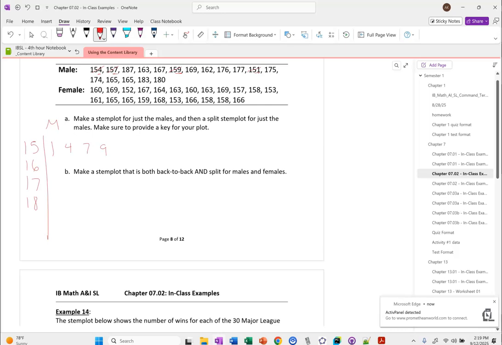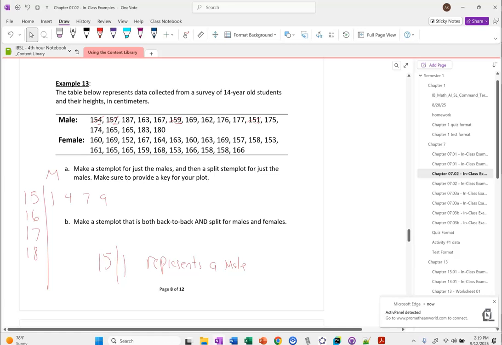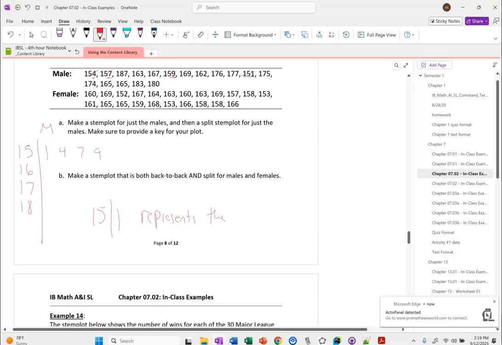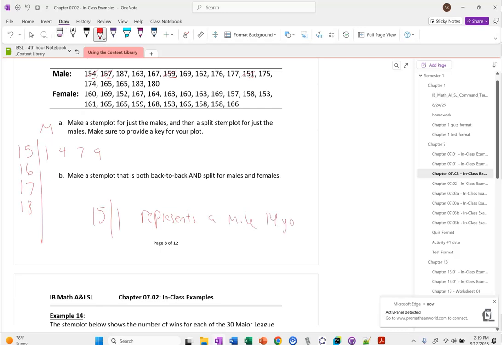Is everybody okay? What does this still need? A key. What should the key say? It should be in context. It should say 15|1 represents a male 14-year-old student. The height represents the height of, let's say, a male 14-year-old student that is 151 centimeters tall.